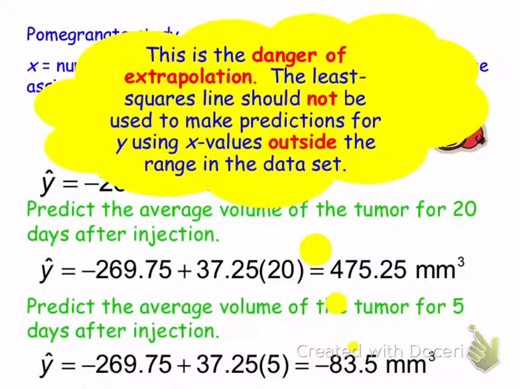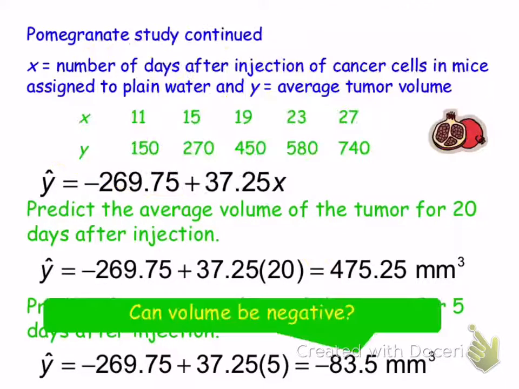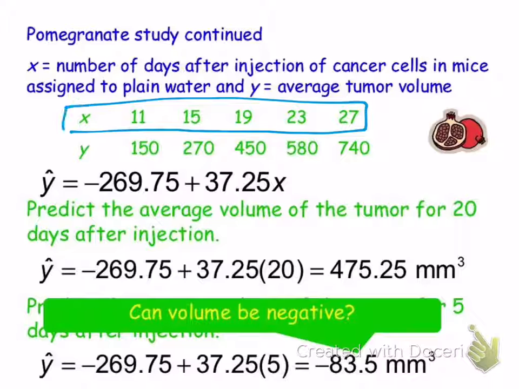So I want you to circle that example, and I want you to put extrapolation. And I'm gonna talk about what extrapolation means, okay? So your LSRL should not be used to make predictions for any X value outside of your own range. So what is my smallest X value in this data set? 11.